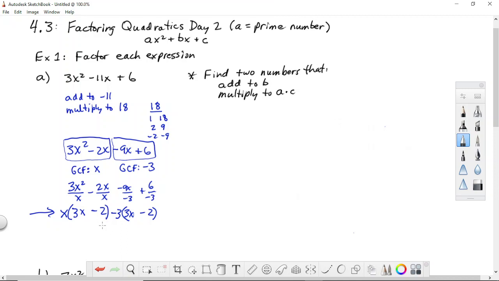And this is where the magic happens, because now we can factor out this binomial. Okay, that entire binomial is a factor of the product on the left, x times that binomial, and then it's also a factor of this product here, which is 3 times the binomial. So it's very cool. We now factor that binomial out.